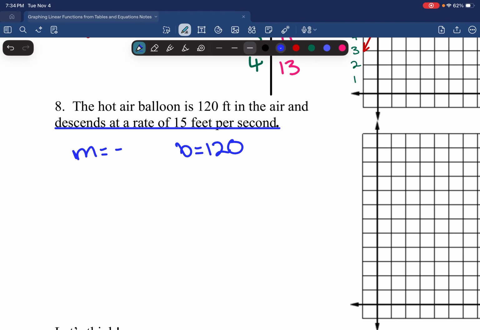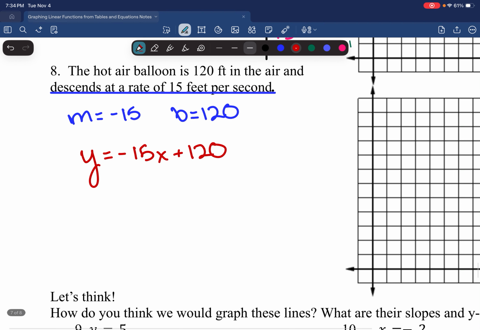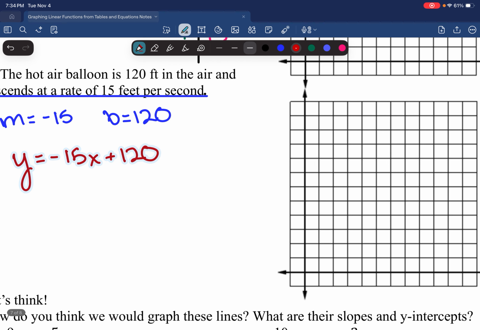Let me draw a better 5. Still not good, but the equation is going to be y equals negative 15x plus 120.